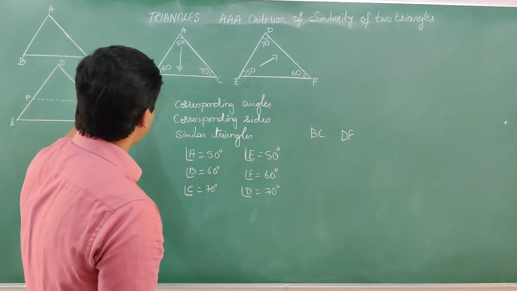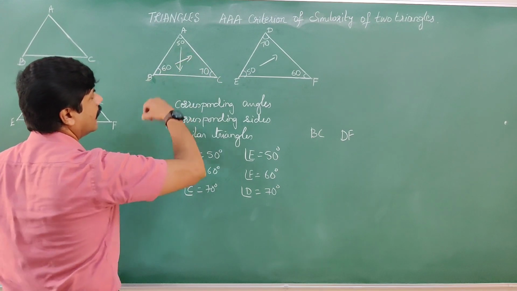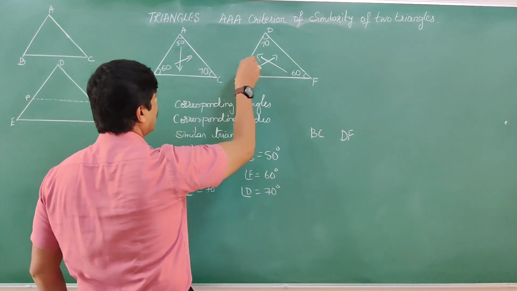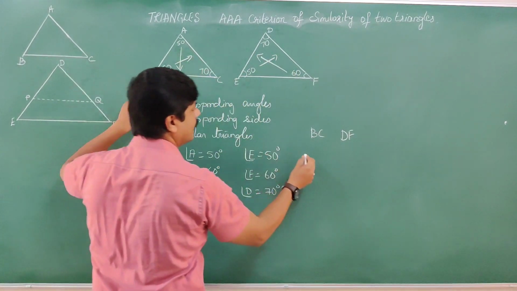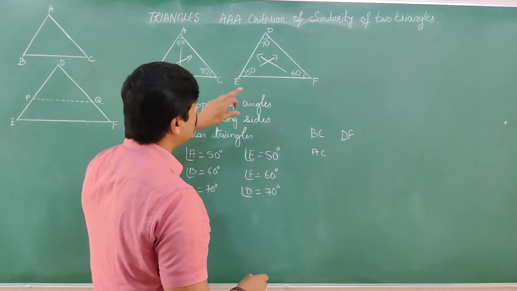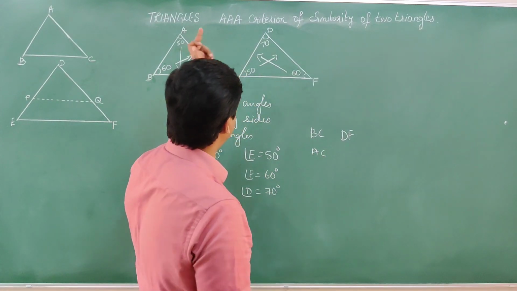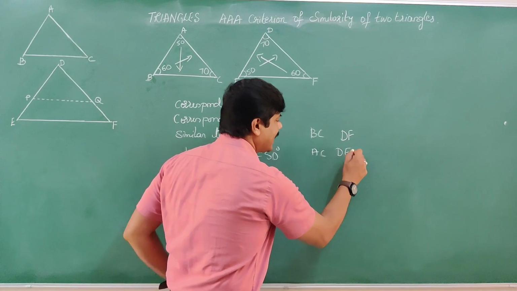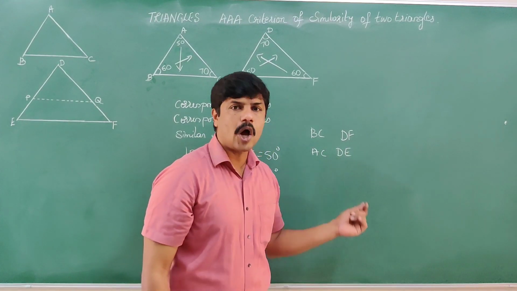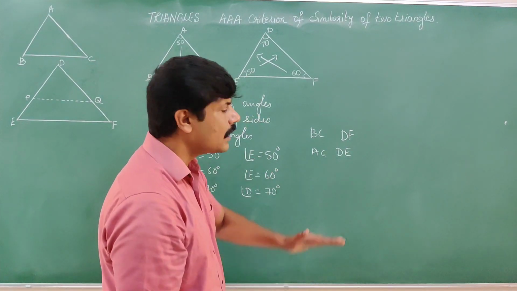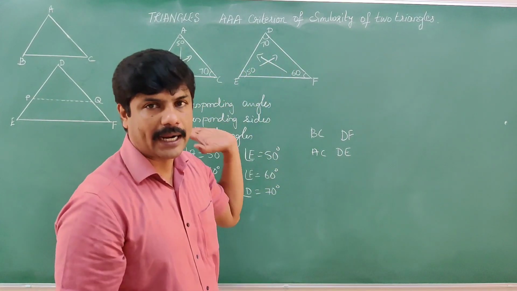Next, you see that opposite to 60 we have AC, and opposite to 60 in the DEF triangle, we have DE. Therefore, AC and DE are considered as corresponding sides of the two triangles.